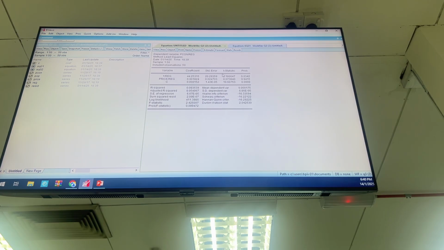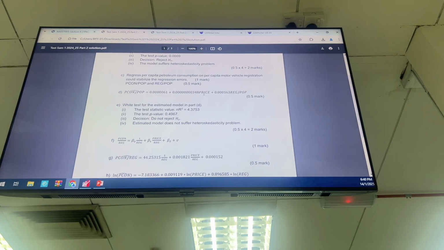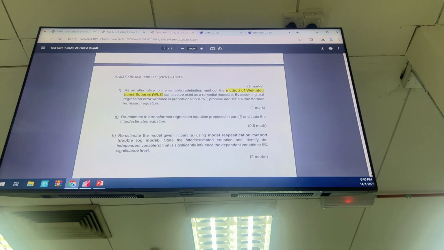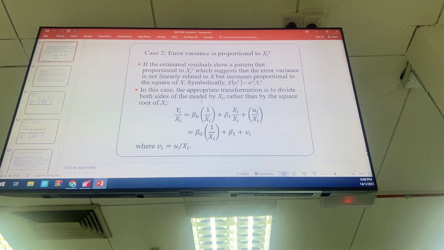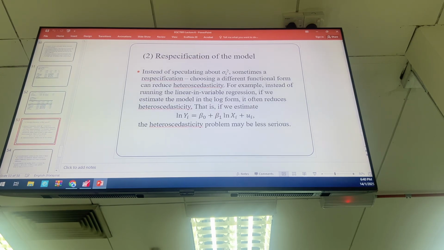Then the next one, re-estimate the model, the last one. Re-estimate the model using re-specification. Re-specification means using a double log model, a different functional form.